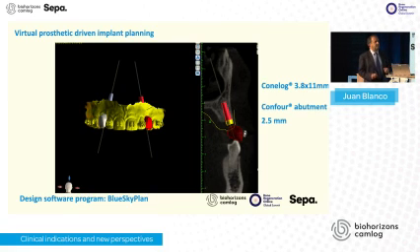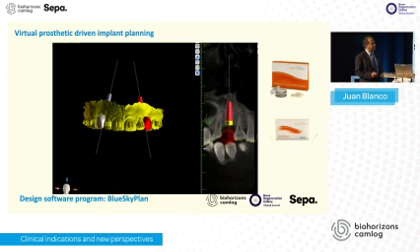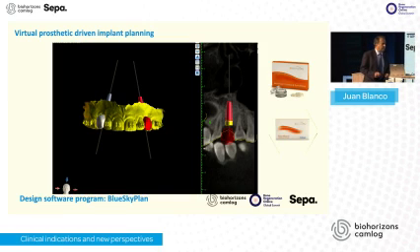So in this case we proceeded with a Conology progressive line implant, 3.8 in diameter and 11 millimeters in length. The abutment was 2.5 millimeters. This is the vestibular aspect where the implant is going to be installed and how the implant is going to be finished after installation.